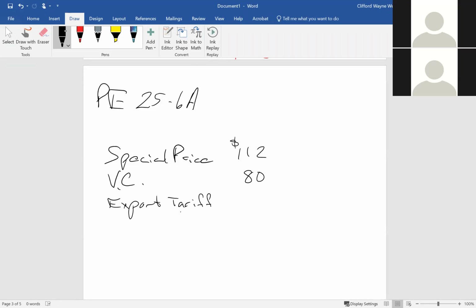We're going to take the 112 times 30%, which gives us $33.20. Recalculate that.